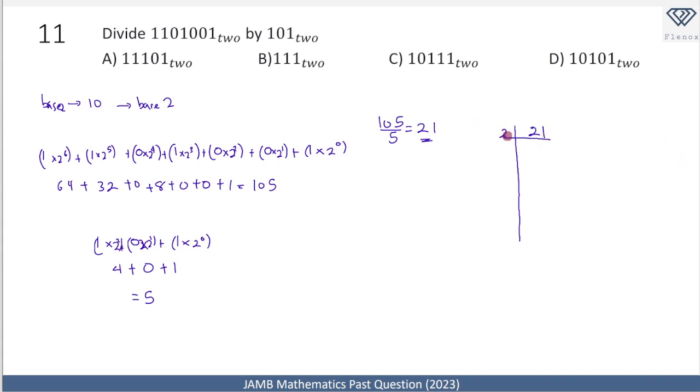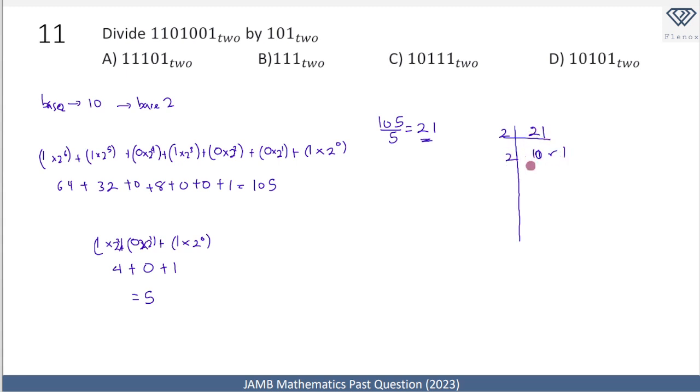So 21 divided by 2 is 10 remainder 1, because 10 times 2 is 20, then you have remainder 1.